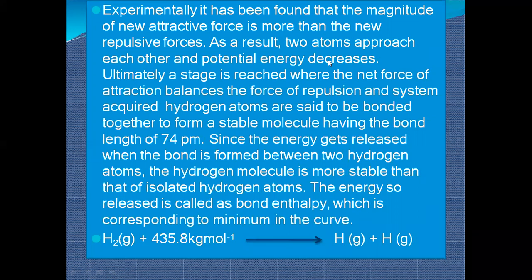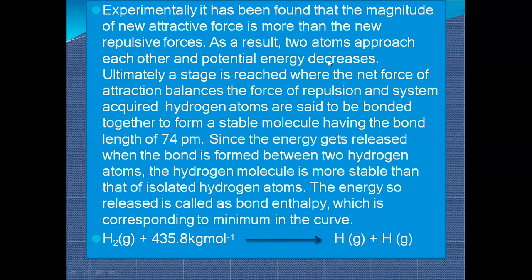Ultimately, a stage is reached where the net force of attraction balances the force of repulsion, and the system acquires a stable state. The two hydrogen atoms are said to be bonded together to form a stable molecule having a bond length of 74 picometer.